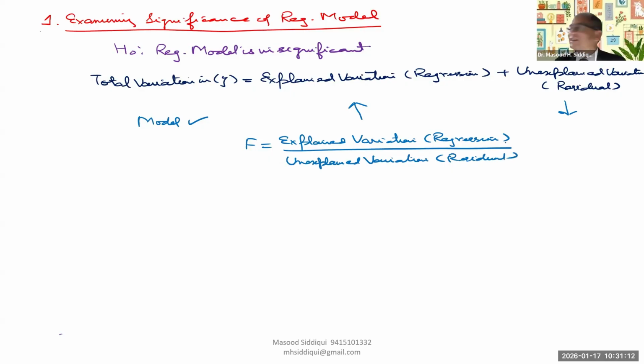Suppose explained variation is very high. Since explained variation is very high, the value of F will be very large. So this value of F will be much larger than 1.